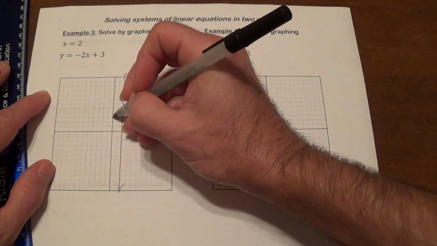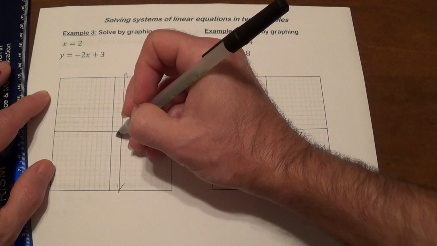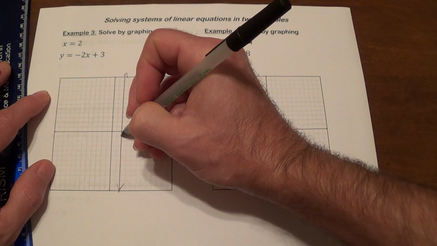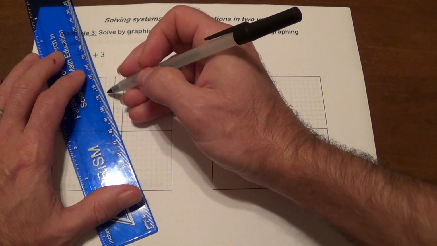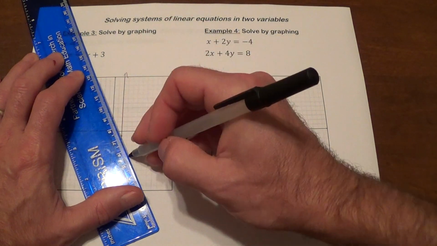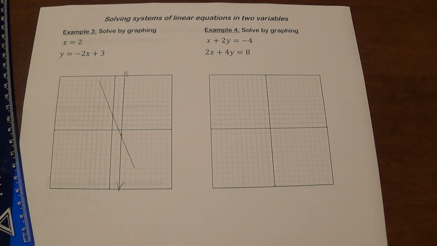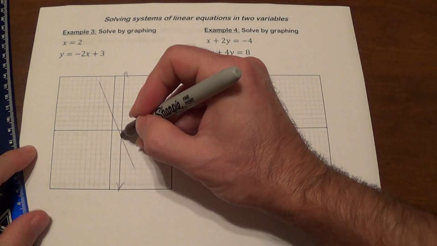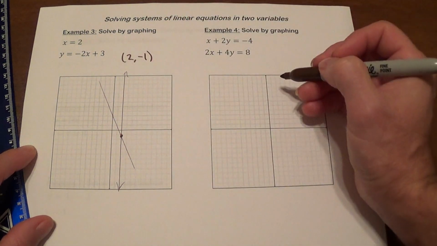And the slope is negative 2, so negative 2, 1, negative 2, 1, and there's that line, and we see the intersection here at 2, negative 1. This is the solution.